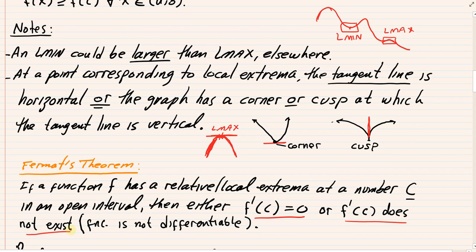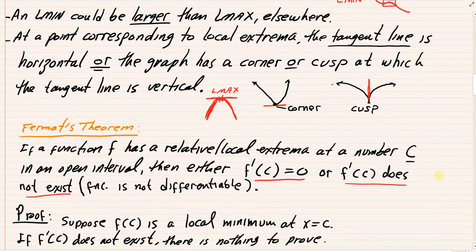That is, again, the function is not differentiable at that point. So those are the necessary conditions for having relative extrema. So keep that in mind. Either the derivative at that point must be 0 or the derivative does not exist.